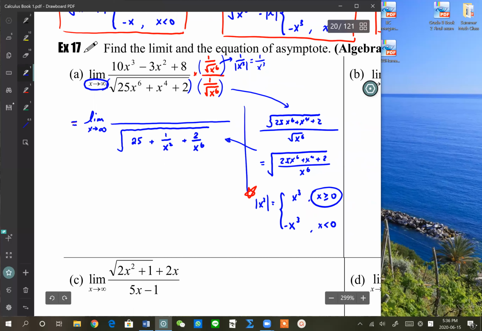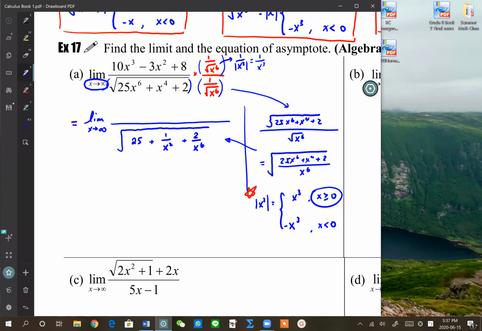Which means if the question has negative infinity, then you need to add a little negative as you take away the absolute value. So now we have decided to use this one, and we do the same thing: each term on the top divided by x cubed.